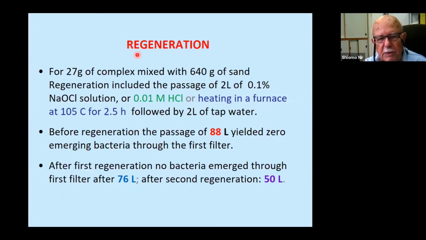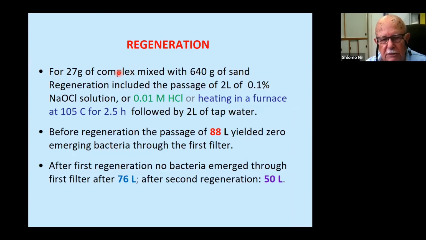Now we speak of regeneration. We had 2 filters in series, and the material included in both of them together was 640 grams of sand and 27 grams of complex mixed with it.